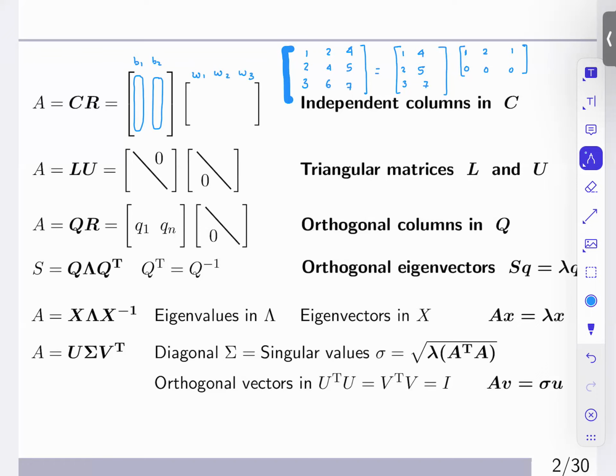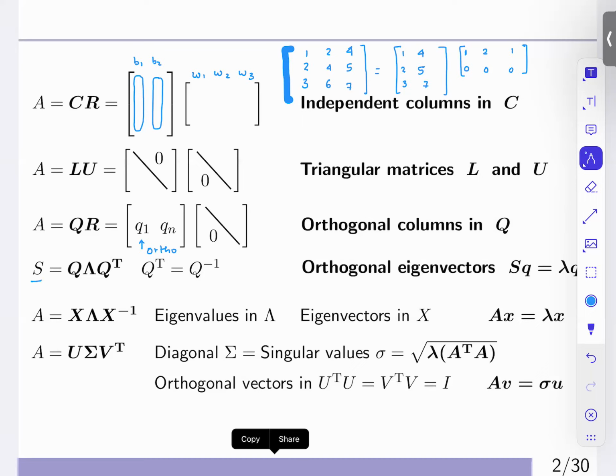Another decomposition is A equals LU, where L is a lower triangular matrix and U is an upper triangular matrix. The third decomposition is an important one, which is Q times R, where Q is an orthogonal matrix and R is an upper triangular matrix.